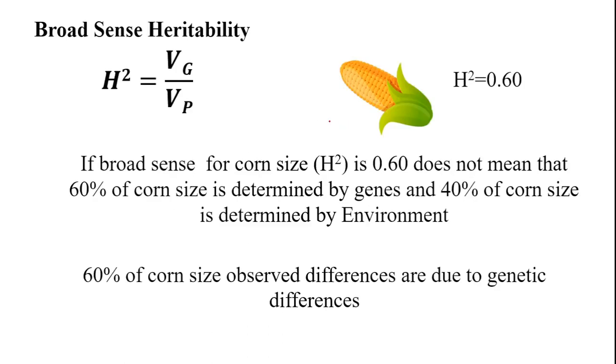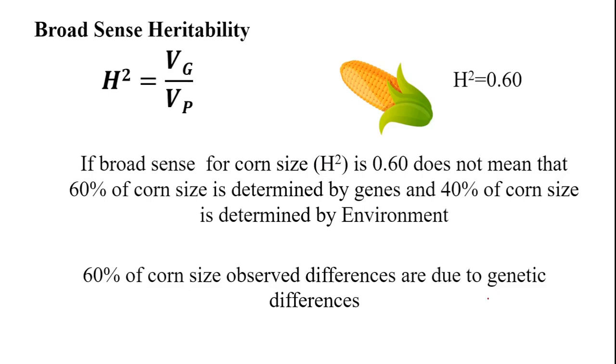If broad sense heritability is near 1 or 0.6, assume the value is 0.6, it does not mean that 60% of the corn size is determined by genes and 40% of the corn size is determined by environment. The actual factor is that 60% of whatever corn size is observed is due to genetic differences.